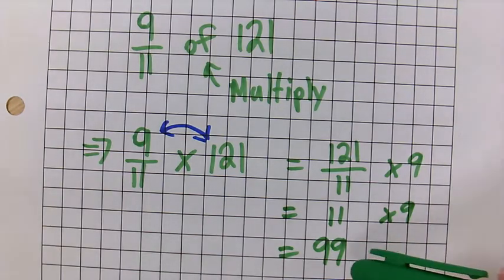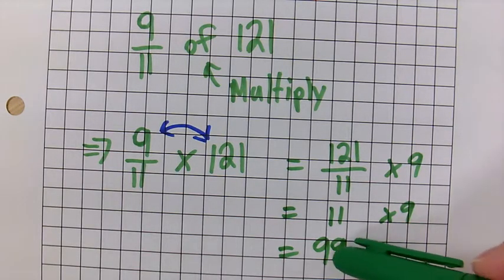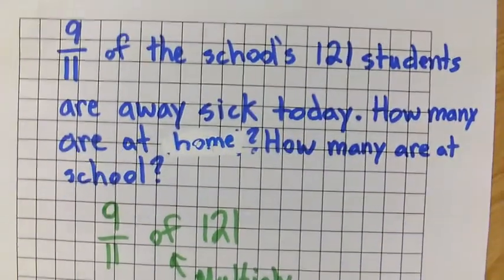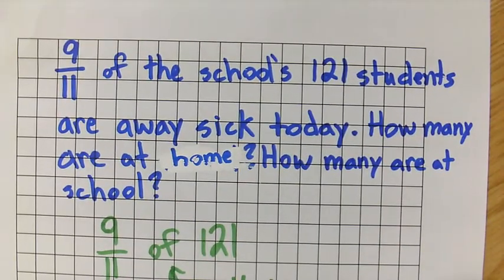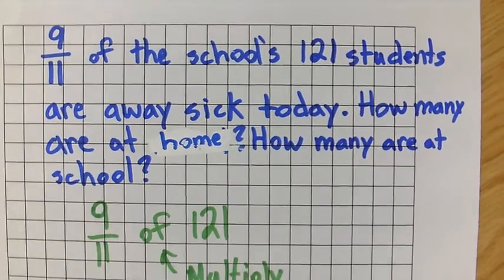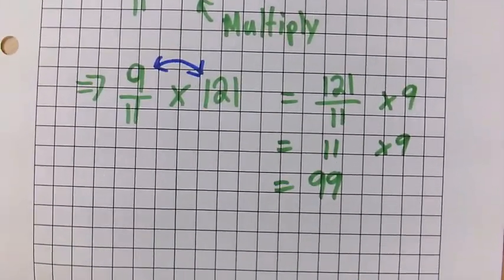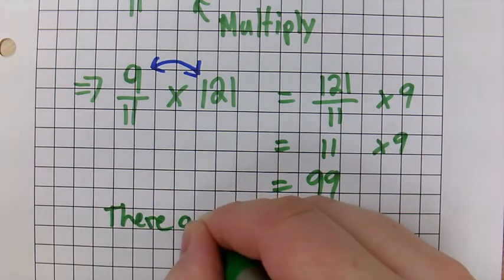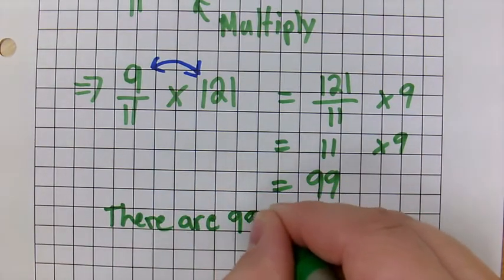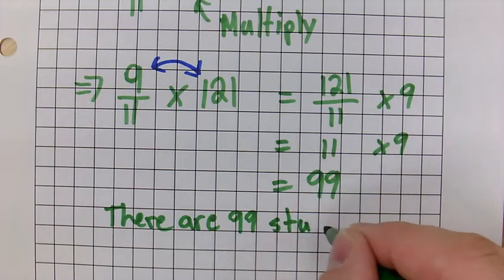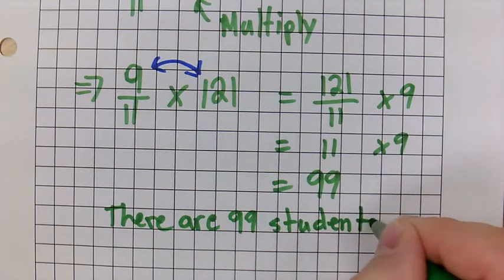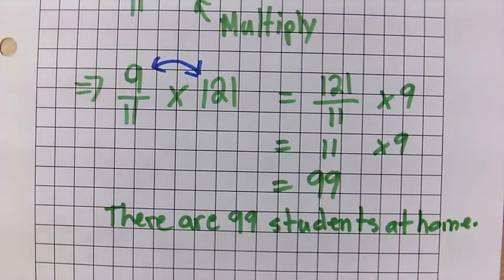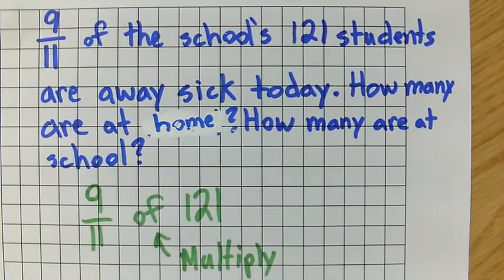So 9/11ths of the school's students, the 121, were away sick. So how many are at home, assuming they're home if they're sick? That would be 99. So there are 99 students at home. But it also asked, so always with these word problems, make sure you've answered everything.